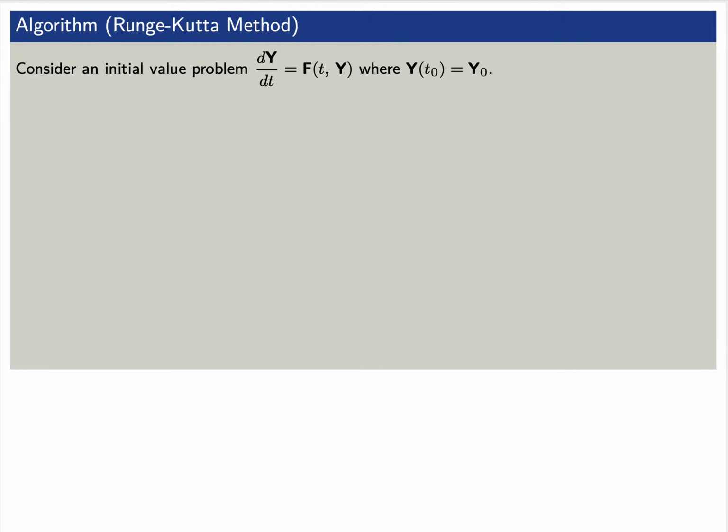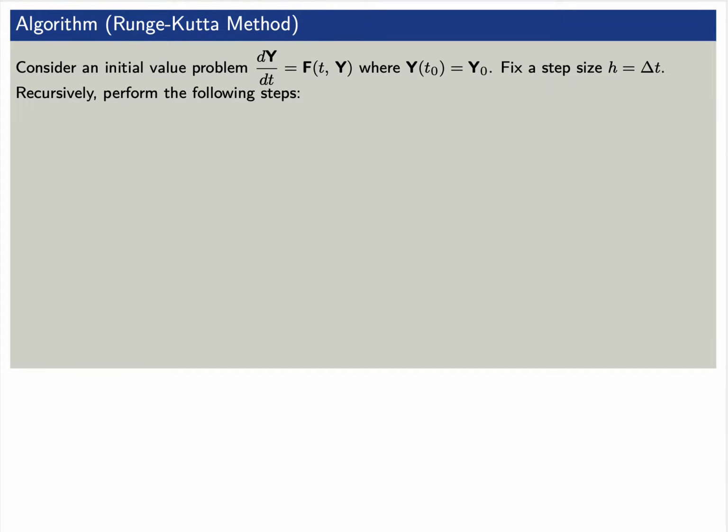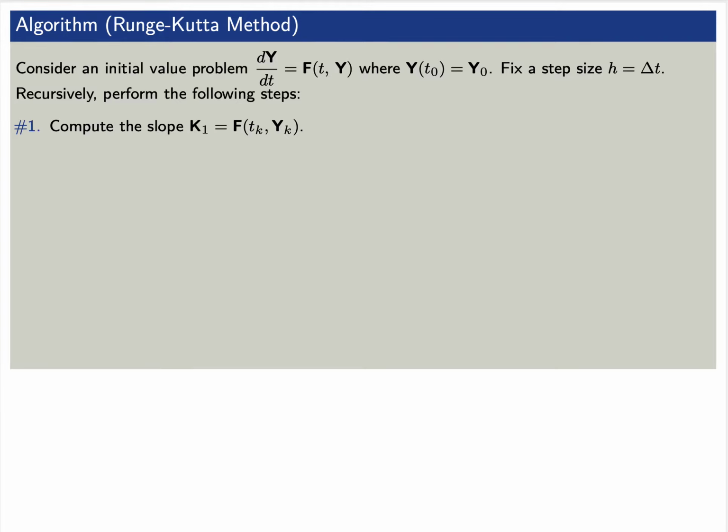This is what's called the Runge-Kutta method. Now, instead of considering a one-dimensional system, let's consider our most general case of an n-dimensional system. We'll fix a step size h and perform the following steps. Let's compute the slope k sub 1, which is f at t sub k, y sub k.